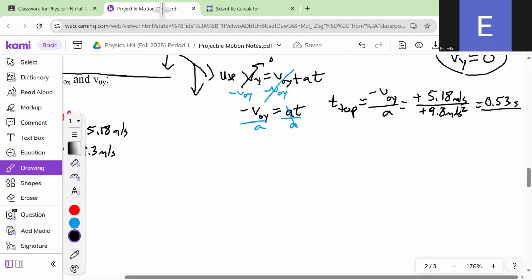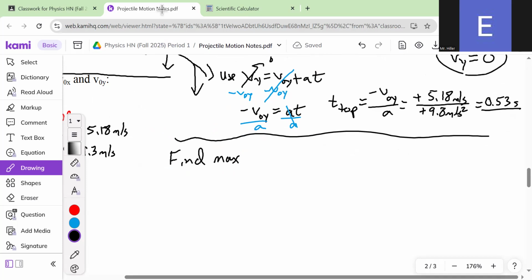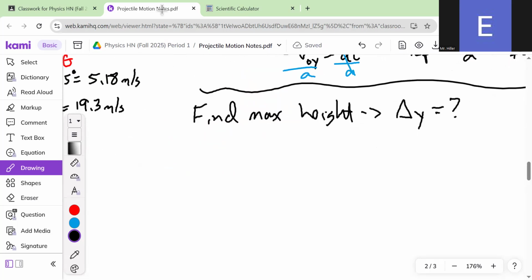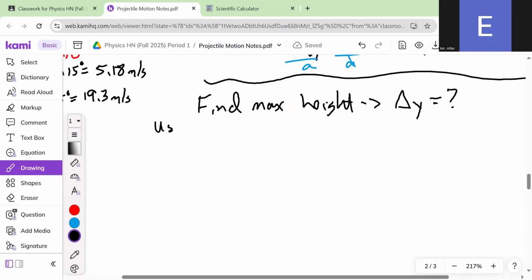Now I can use the following to find maximum height: just find the vertical displacement all the way to the top. I could use two different equations. I could use delta y equals V naught y t plus 1/2 a t squared.